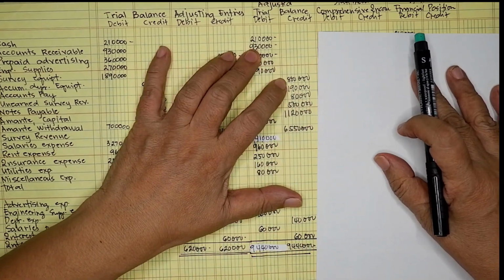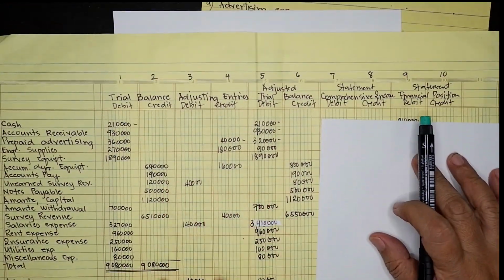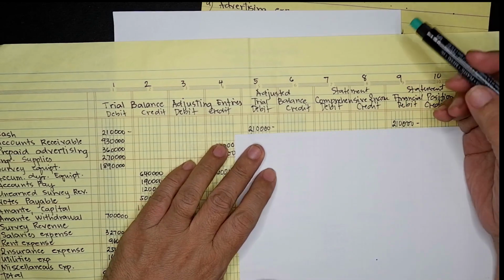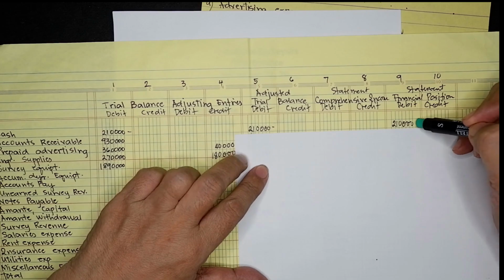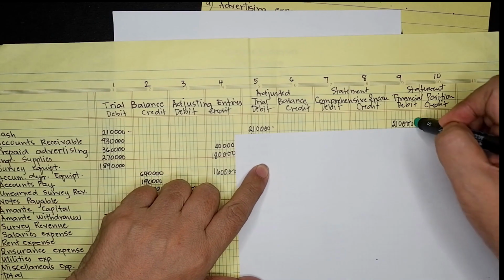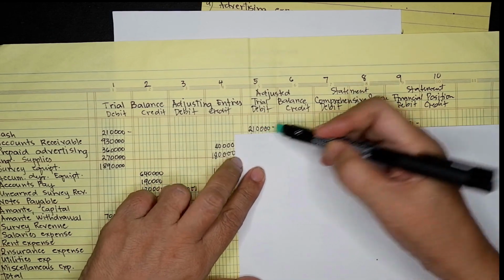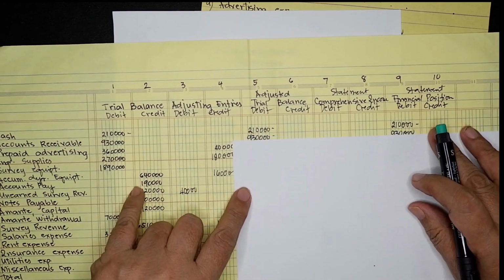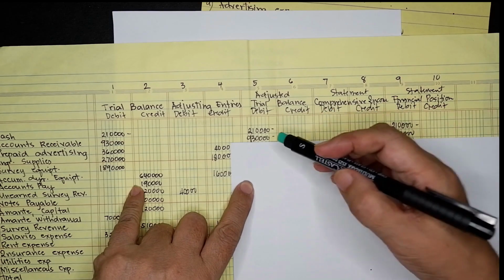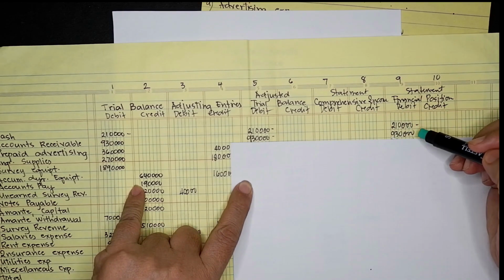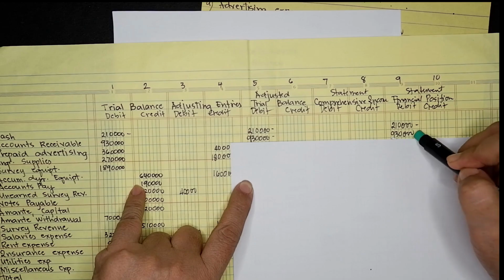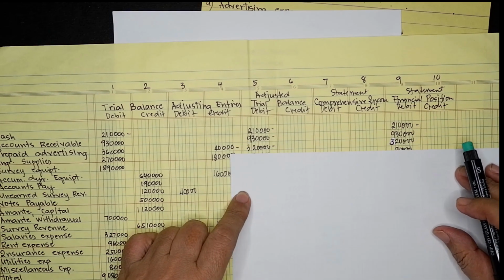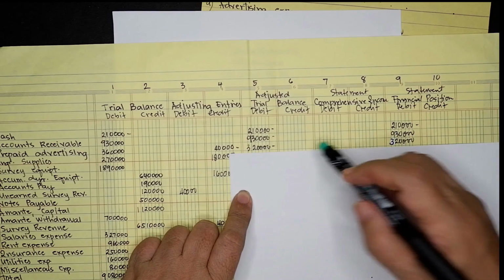Okay, so the first one is our cash. Since cash is an asset, it should be posted in our financial position, and from debit, it will be posted to the debit column. Then we have accounts receivable. Again, accounts receivable is an asset, so it should be posted in the financial position from debit to debit. Then we have prepaid advertising of 320,000.